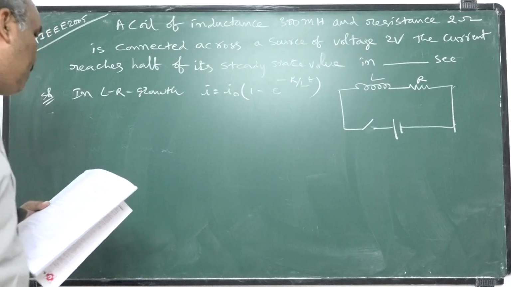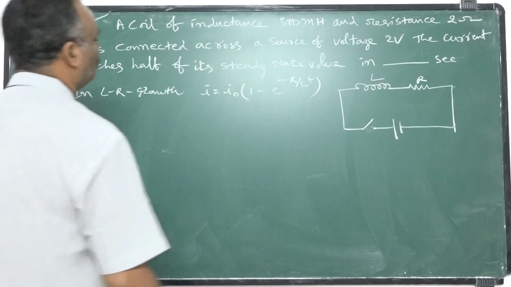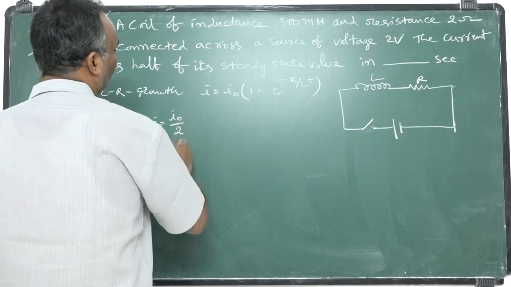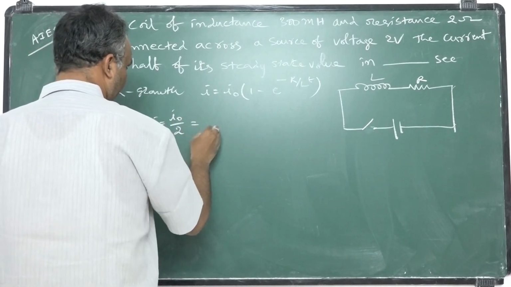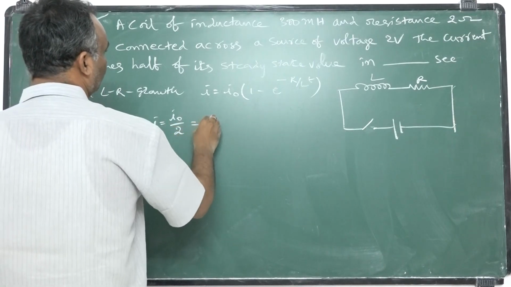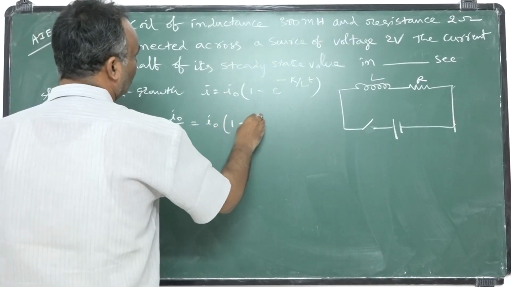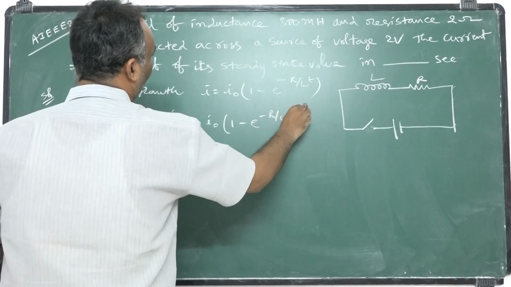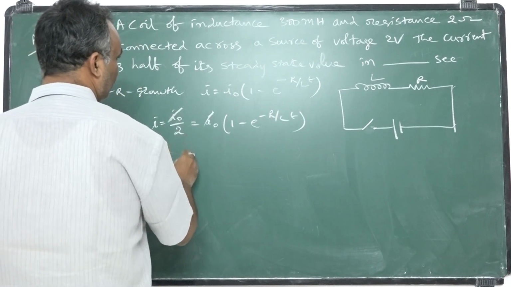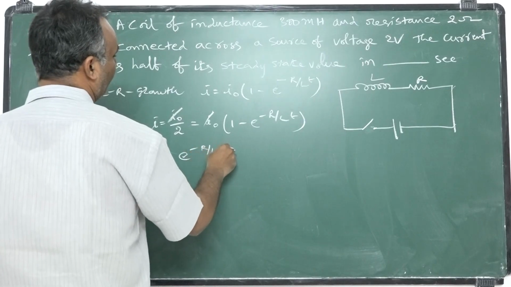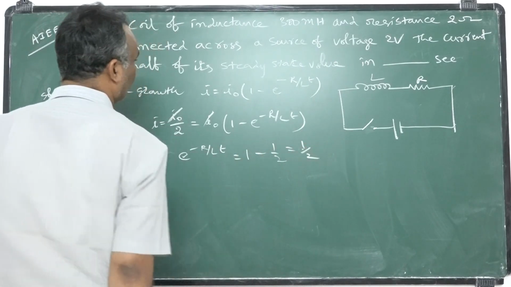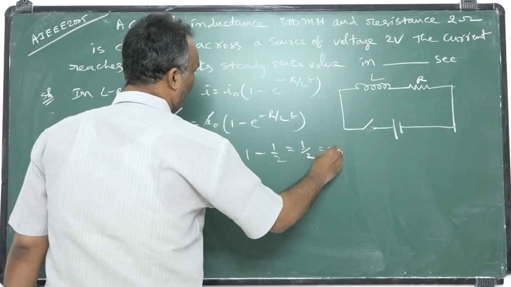So here the current should reach its instantaneous value half of the steady state value. So that is equal to I naught into 1 minus e power minus R by L into t. I naught gets cancelled. This is e power minus R by L into t is equal to 1 minus 1 by 2, that is equal to 1 by 2. That is nothing but 2 power minus 1.